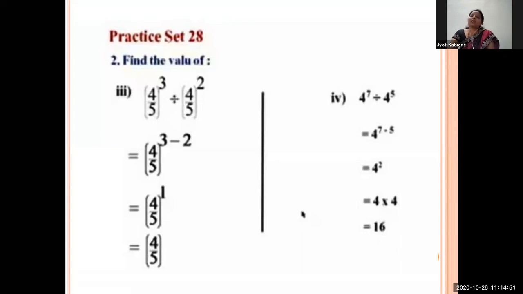Yes, 3. When the power of any number is 1, then the answer is that number. The same number. Okay. I think all of you understand this topic. Yes, ma'am. Okay. Very nice.